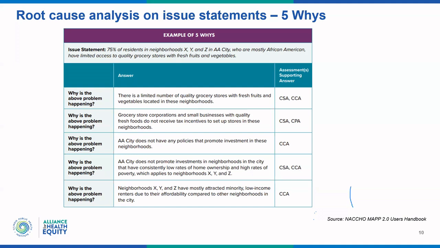That might be a more upstream approach to increasing access to fruits and vegetables. So this process, again, similar to the fishbone diagram, helps you identify potential intervention points based on the data, as well as identifying root causes and upstream approaches.